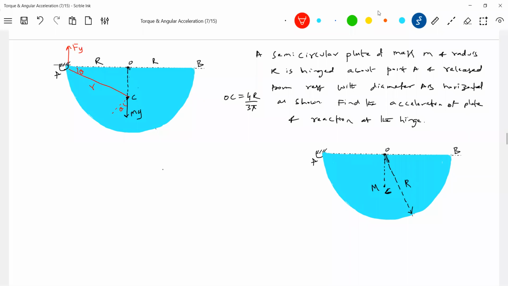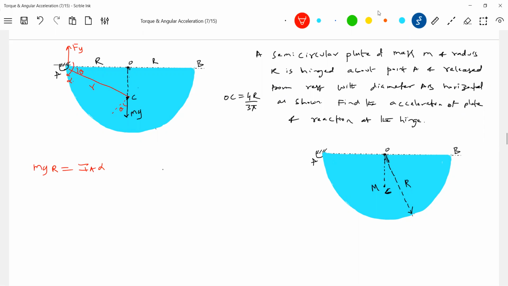This I'm very sure. Tell me, the moment you release, what happens? It is going to have angular acceleration alpha about what point? About A. So first, we'll try to calculate that. Angular acceleration: mg into r. Shall I write directly I_A alpha?